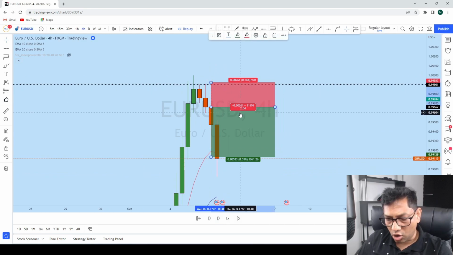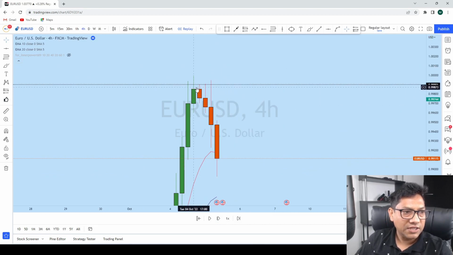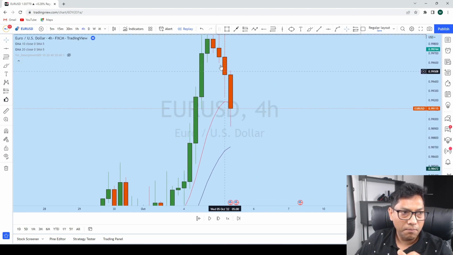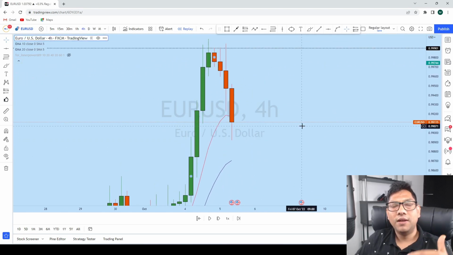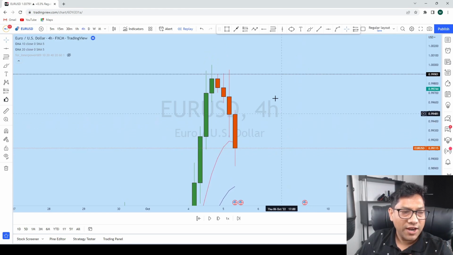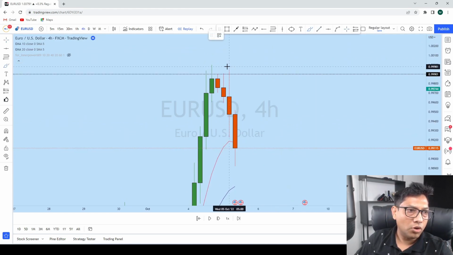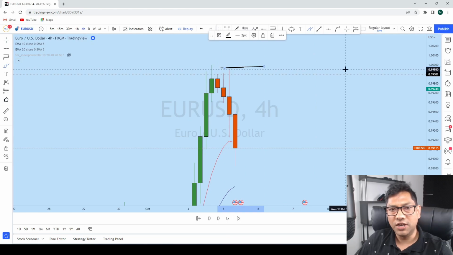So once you saw that the clear manipulation is done, has broken the trend line and then closed back with this middleman, that is where you should trade, and you can place your stop loss just above this manipulation, and that is the best place for entering a trade with a stop loss above the manipulation.